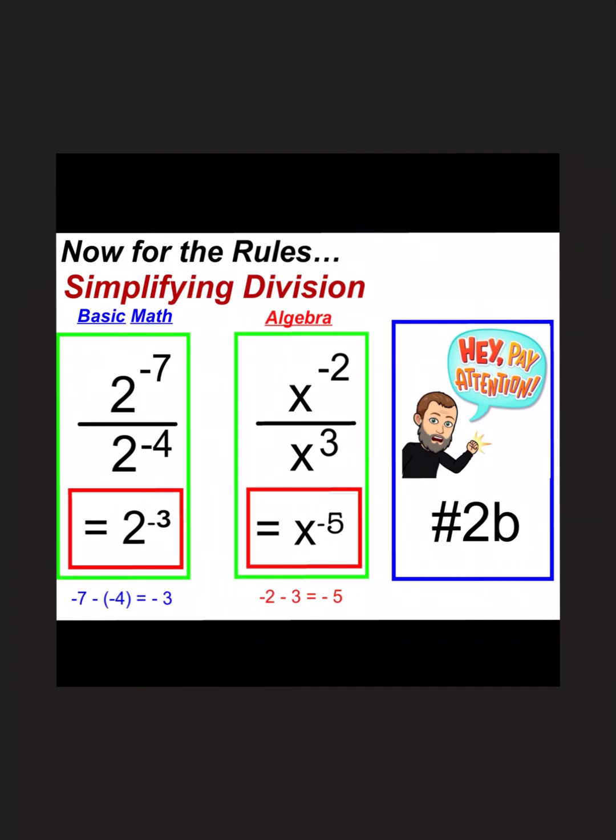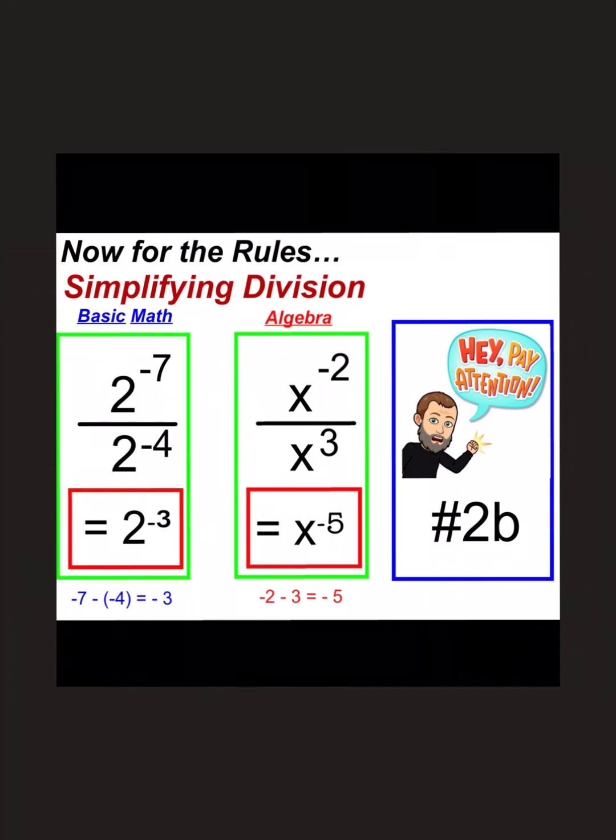So now in the first box, the basic math, you are taking the exponent -7 and you are subtracting from it a -4. And when you take -7 minus a -4, that is like saying -7 plus 4, and that's the reason why the answer comes out to be -3.